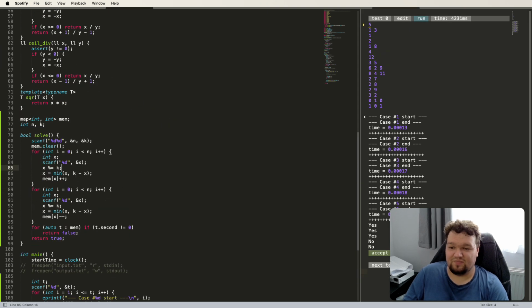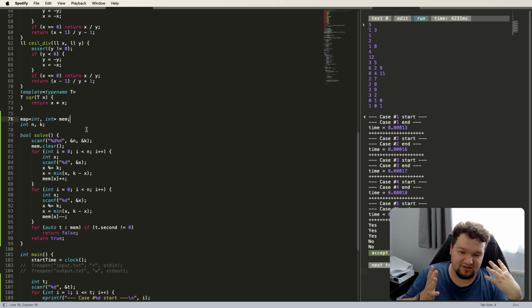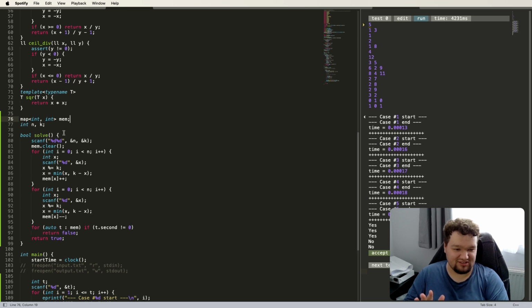Okay. Why did I use map and not unordered map? Because for map I know the complexity and it's always the same. I can be sure that every operation works in logarithmic time, and it might not be fast, but I know that it is not possible to break it.